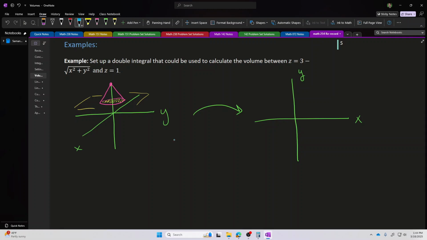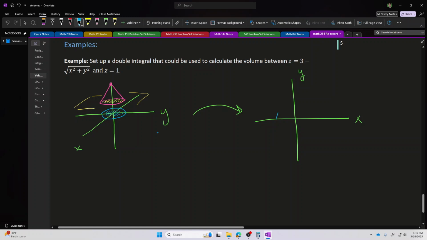So I'm going to look at the shadow of this region on the xy plane. I'm going to look at all the x and y coordinates for points in that volume I'm trying to find.